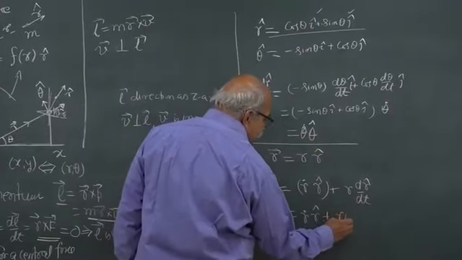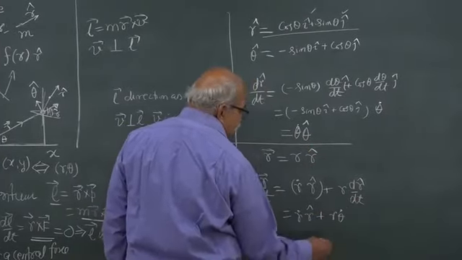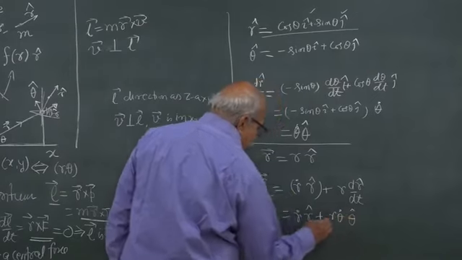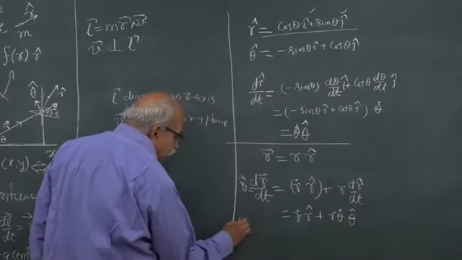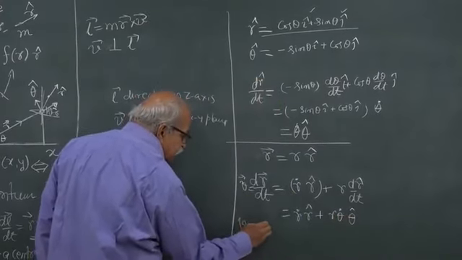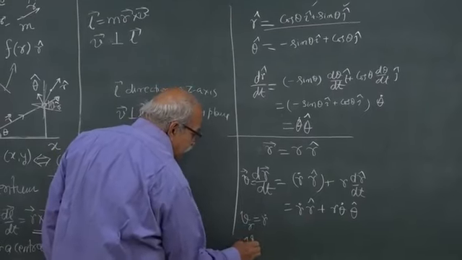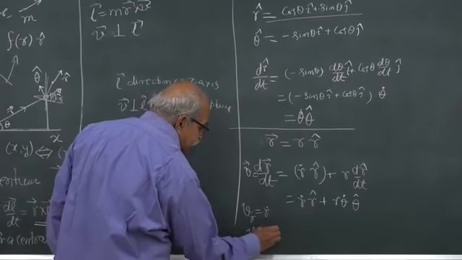So, it is r and then theta dot and then theta cap. So, the r component is r dot and the theta component is r theta dot.